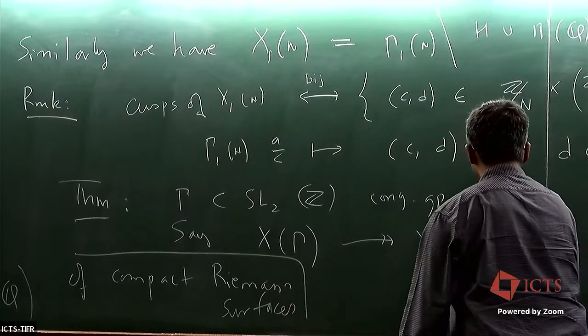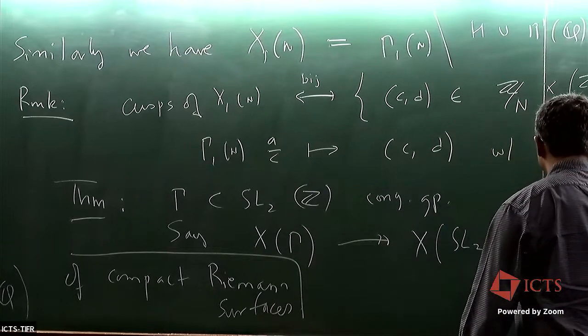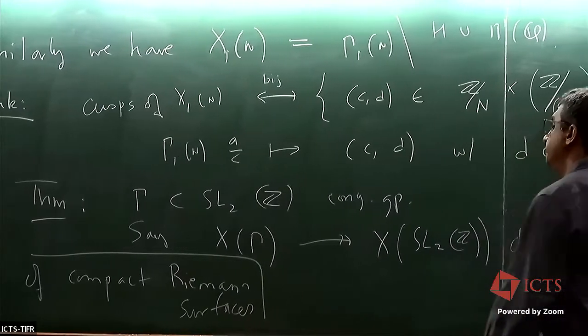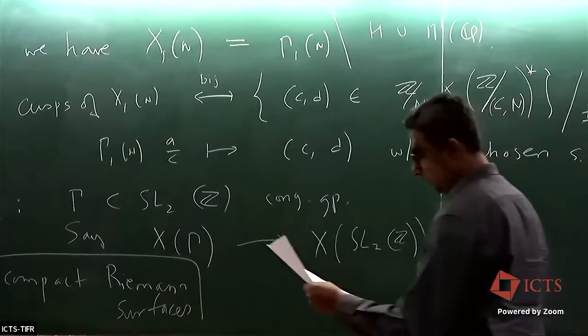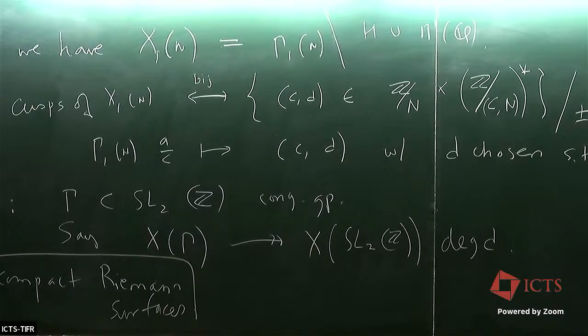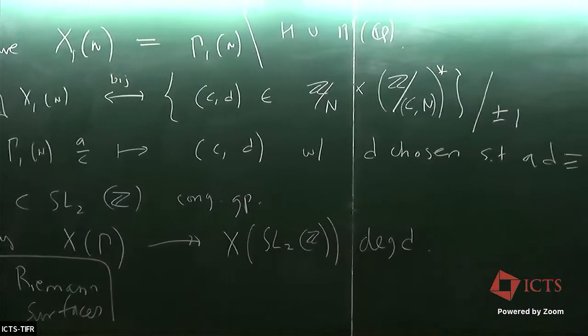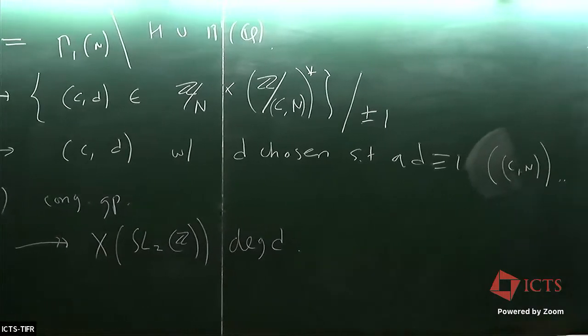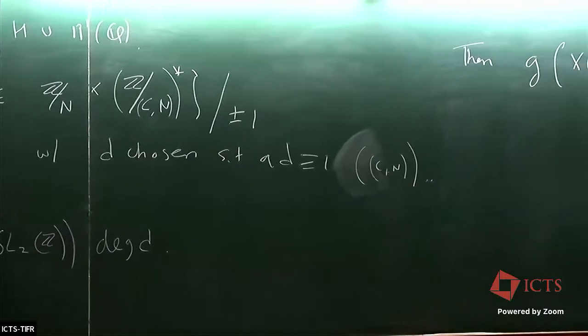So suppose this map has degree d, then very nice formula. Put it here. The genus of X(Gamma) is given by the following formula.